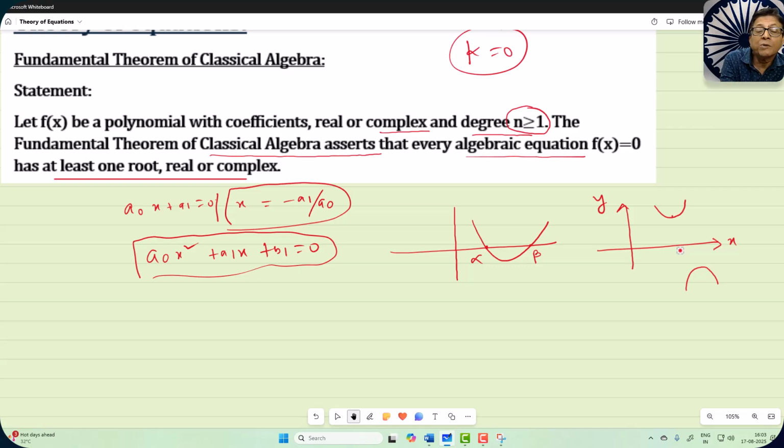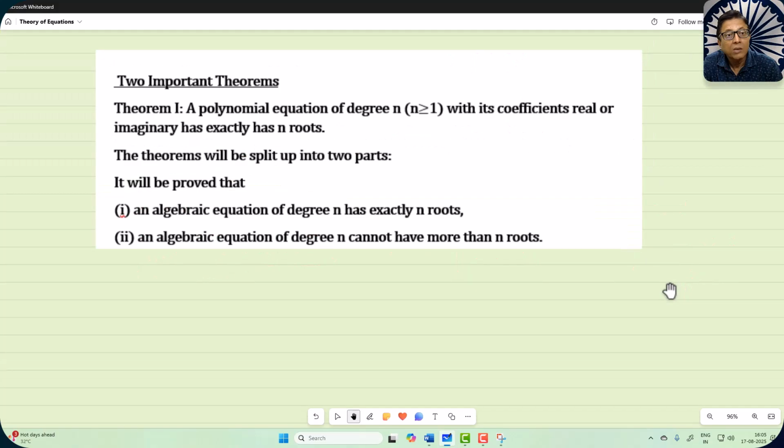And the concept of this theorem will help to develop the concept regarding roots of an equation whose degree is n, may be 2, 3, 4, whatever. That I am going to state now. So, two important theorems we will learn one by one.